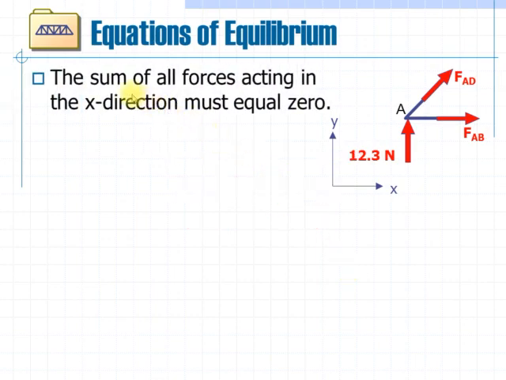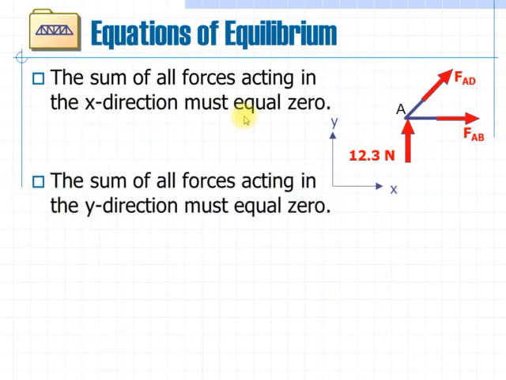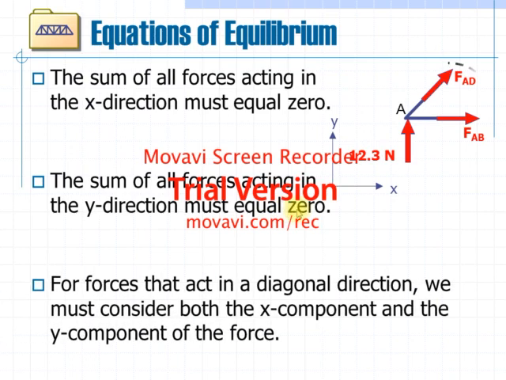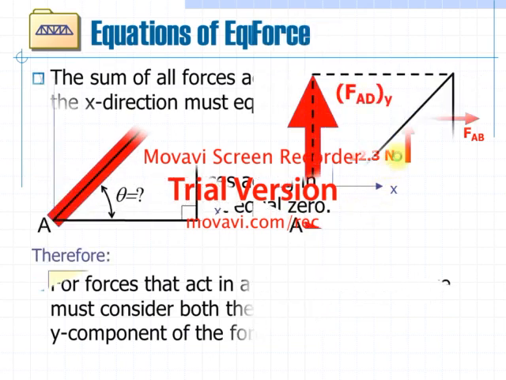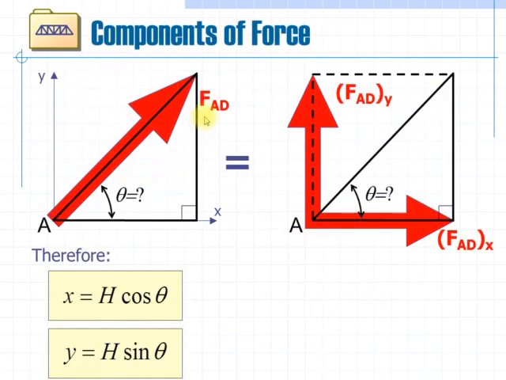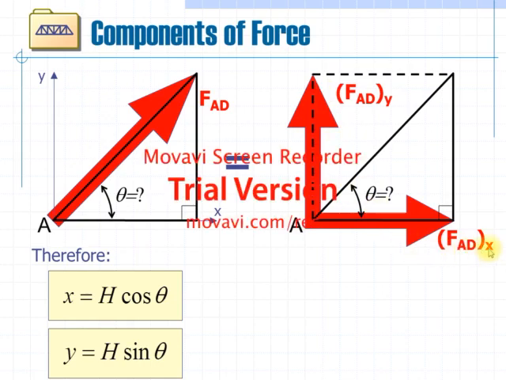First equilibrium condition: the sum of all forces acting in the x direction must equal 0. Second: the sum of all forces acting in the y direction must equal 0. Now the components of FAD. The FAD force is resolved in the x direction and y direction, called FAD in x direction and FAD in y direction.